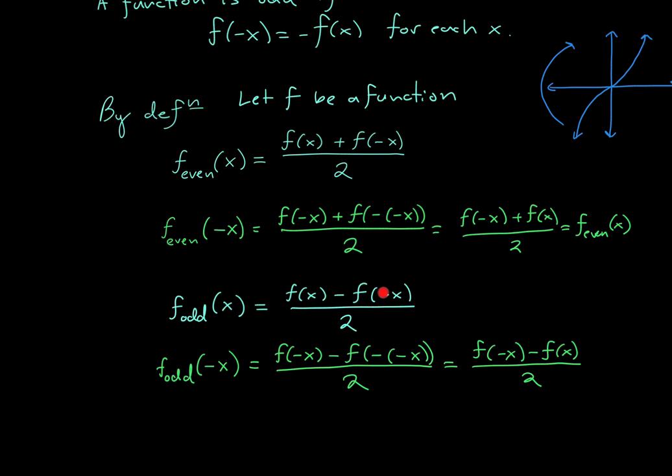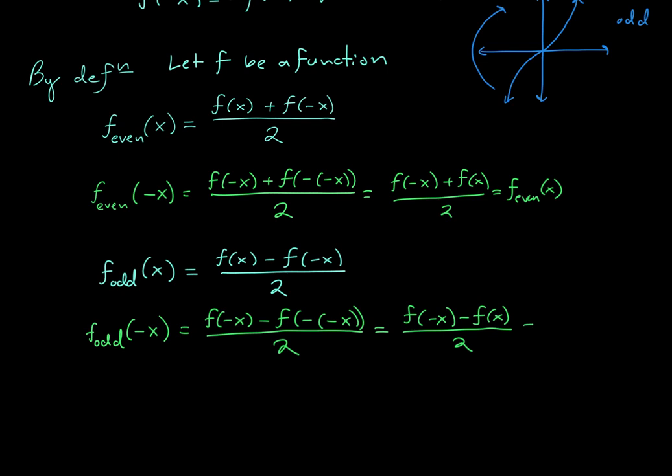These two things are in the opposite direction. So what I can do is factor out a negative. That's negative f of x minus f of negative x, all divided by 2. Oh, but that is just the negative of f odd of x.